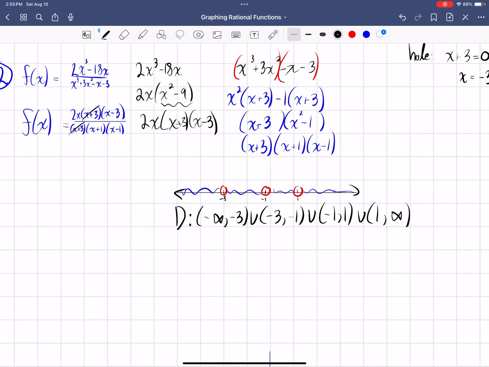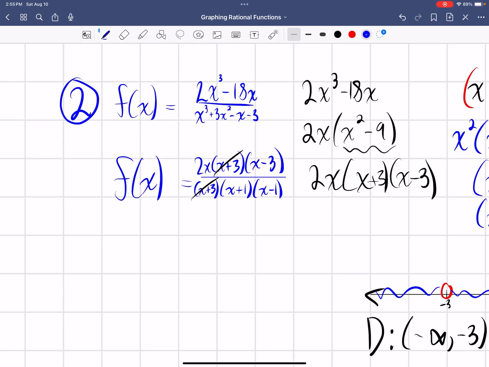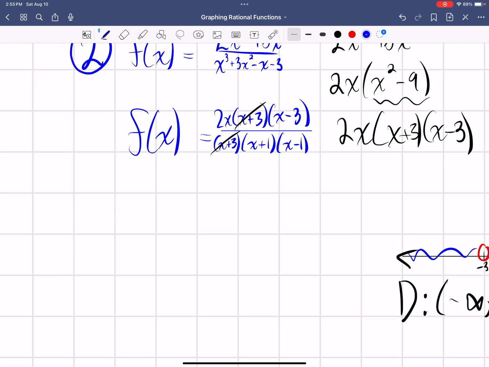To find the y-coordinate, we're going to use the reduced function. In other words, we're going to use the function that we get after canceling those factors. And I'm going to call it r of x, because technically it's not the same as the original function when we cancel those factors. It's very similar, but differs in its behavior at x equals negative 3.